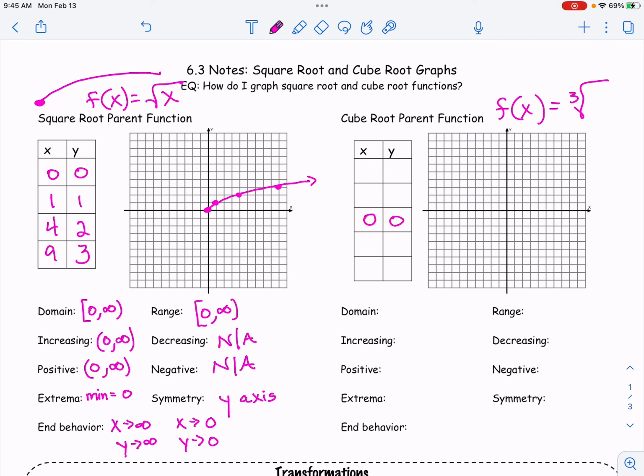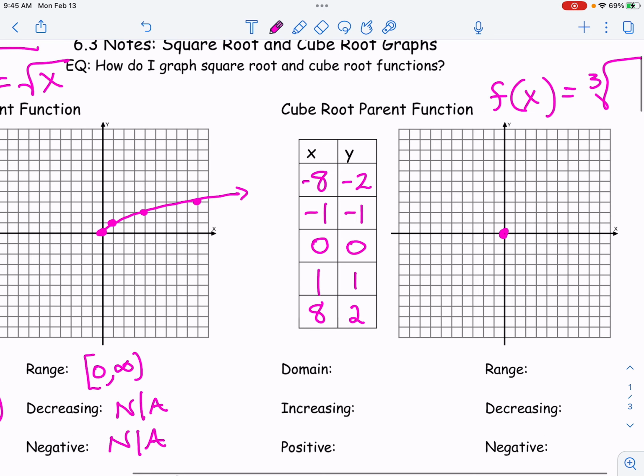I'm going to pick a perfect cube number on the left, a perfect cube number on the right, negative 8 and 8, because I can take the cube root of negative 1, the cube root of negative 8, the cube root of 1, the cube root of 8. So that means it's going to be here: 1, 1, and 8, 2. Negative 1, negative 1, negative 8, negative 2. So my graph is going to look like a snake going up and down.